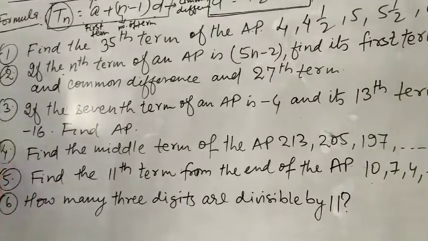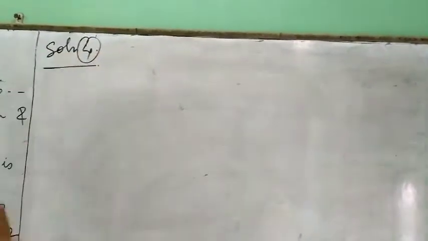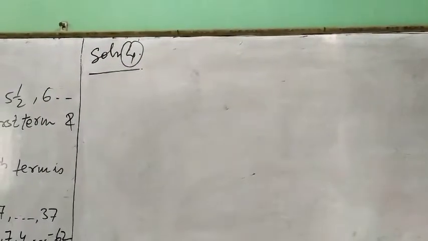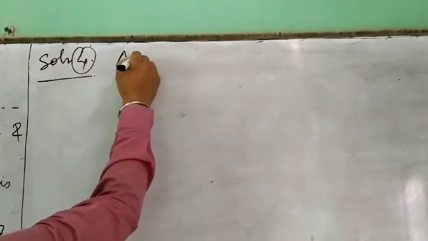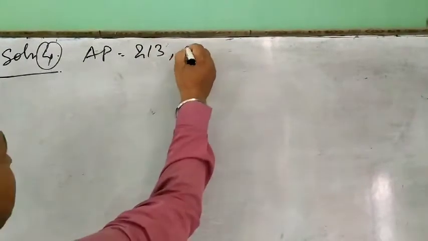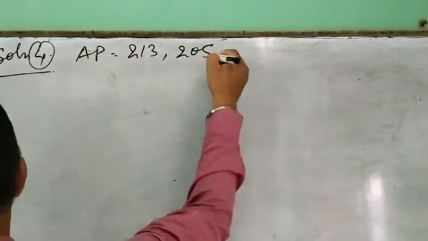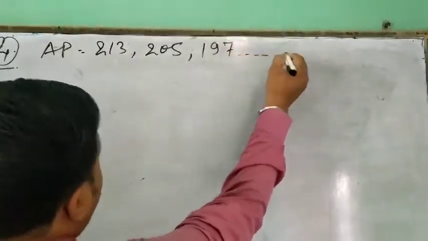Now, the solution of your fourth question. Here the AP is given: 213, your next term 205, and your next term 197, and so on.